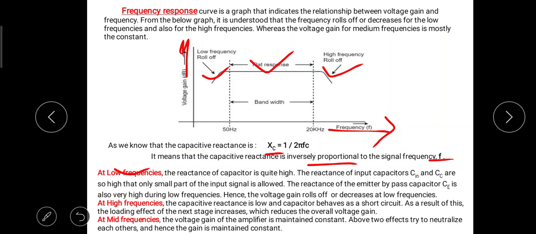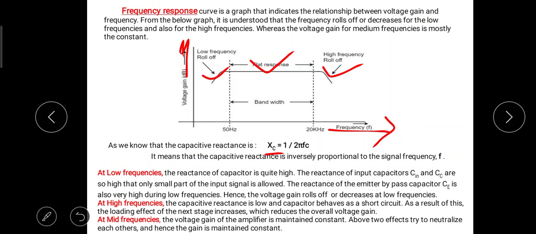The reactance of the emitter bypass capacitor Ce is also very high during these low frequencies, and due to this the voltage gain rolls off or decreases at low frequencies.